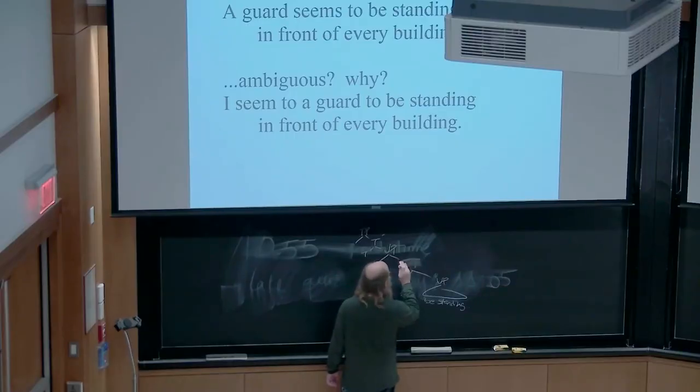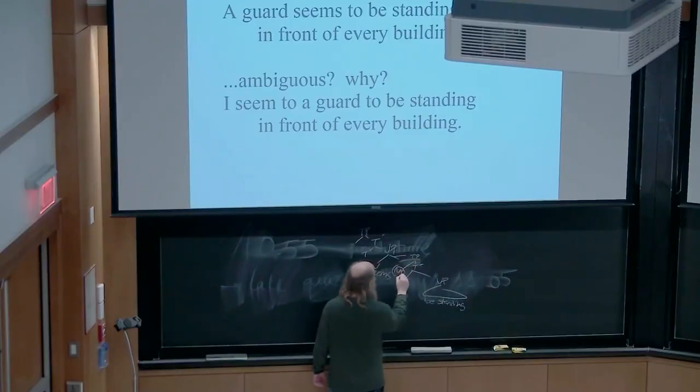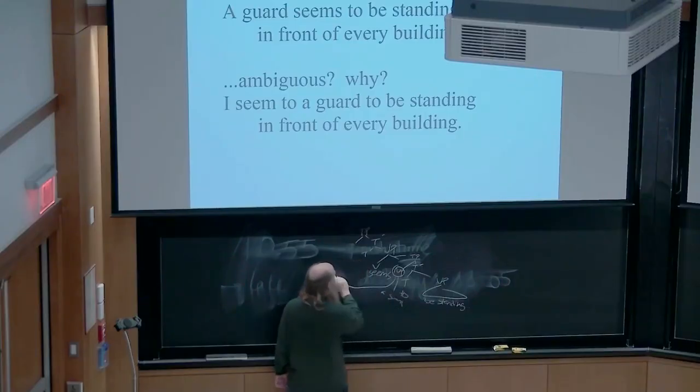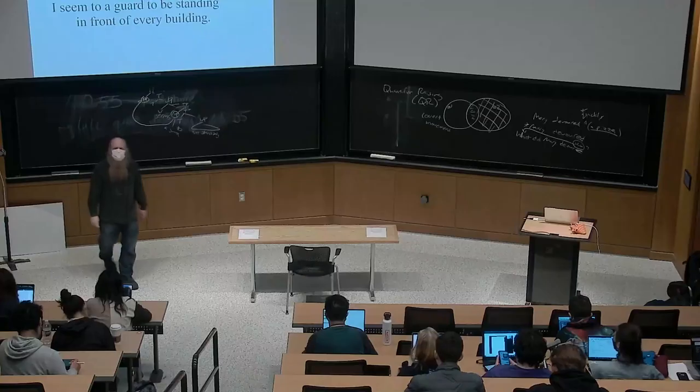What's going on is that the guard, the thing that ends up in subject position, starts out in the embedded clause. Here's a guard. And it's raising, moving up to here. There's NP movement. So A-movement.